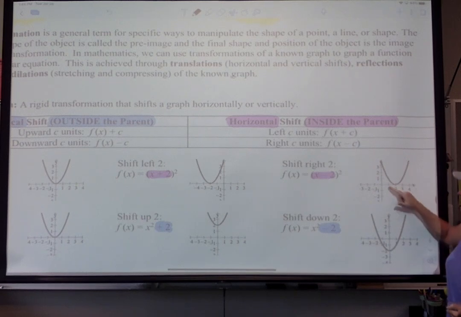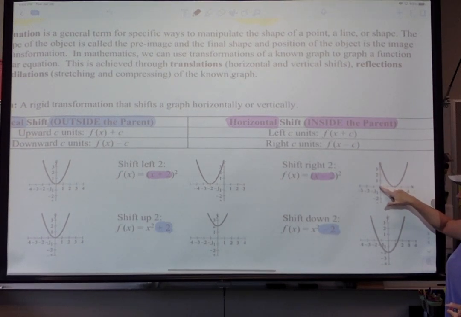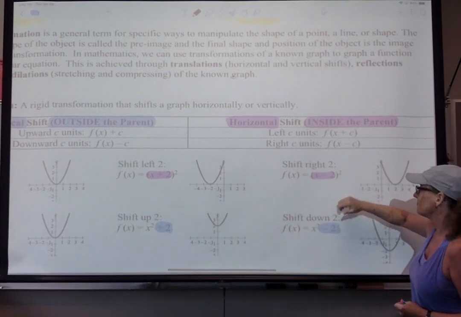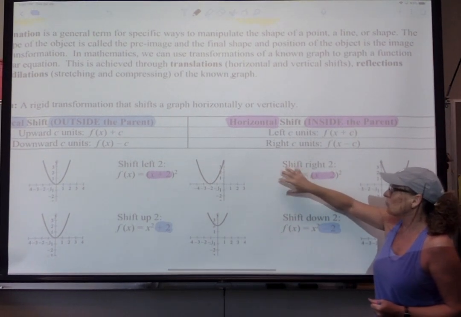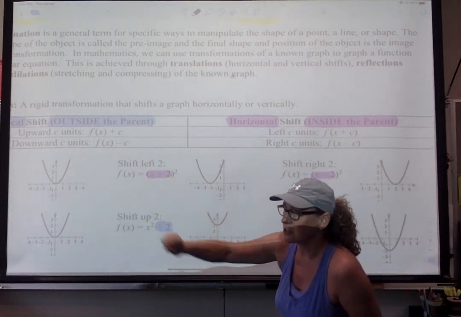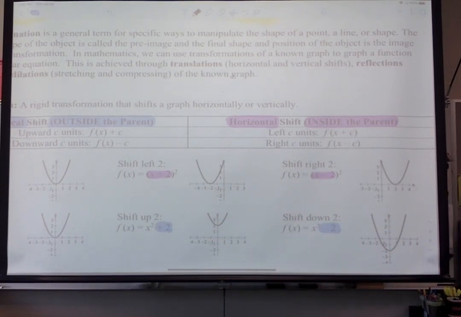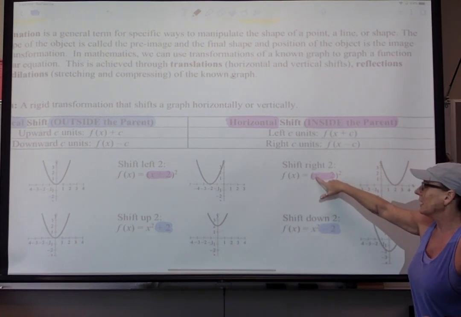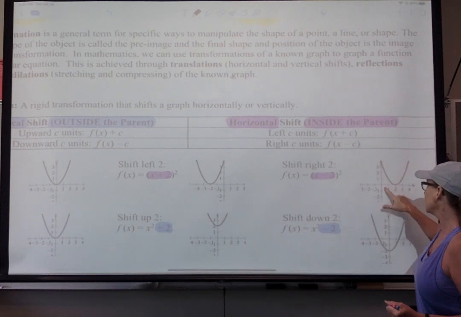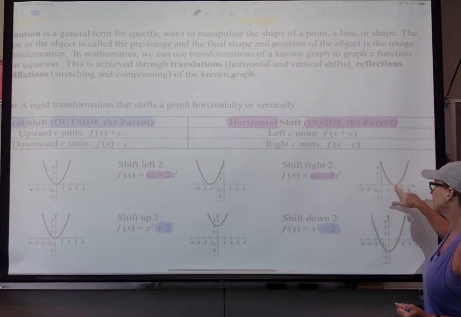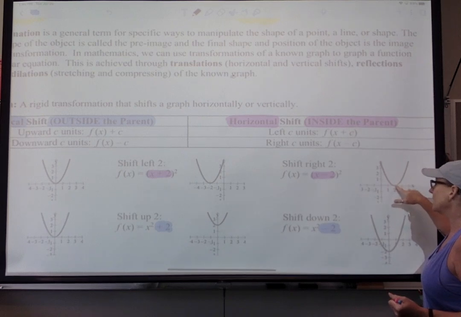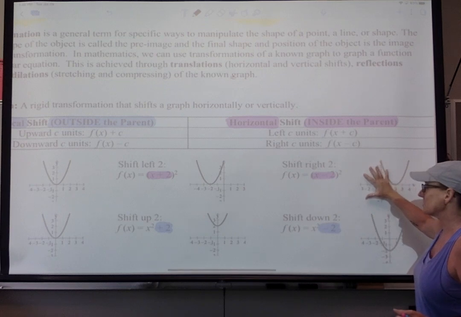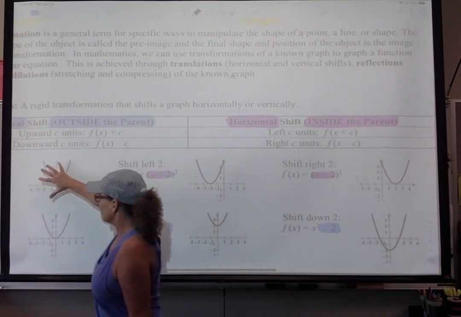So basically what that means is, and some of you are going to get this and it's going to go right over some of y'all's heads: to get the same y value from the parent function, I need to plug in an x that's 2 to the right to get the same result that I would get from the parent function.